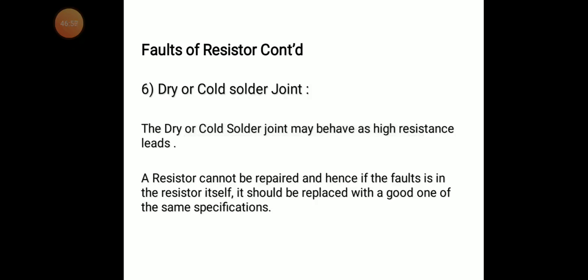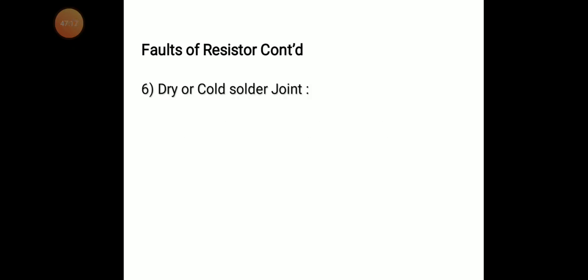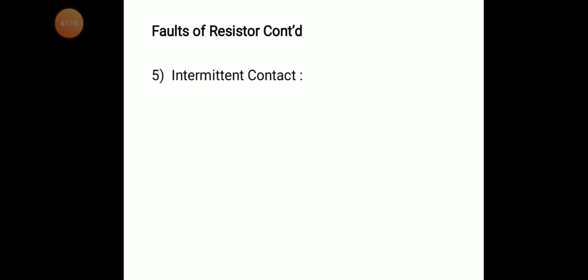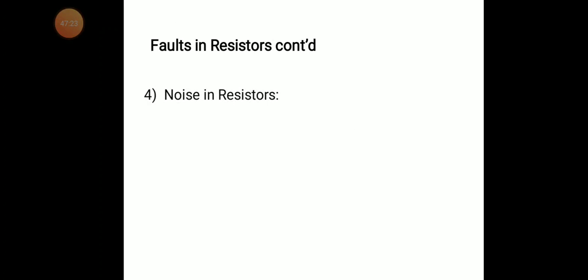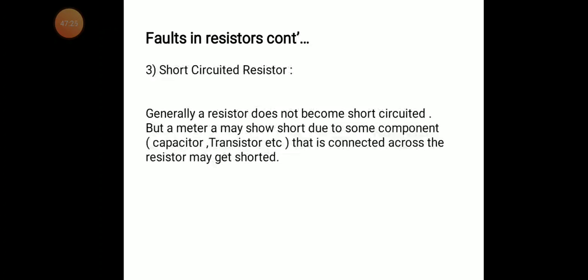We need to avoid these faults and make sure of the connections so we can get perfect connecting of the resistors. The dry or cold solder joint we need to take care of ourselves. Another one is intermittent contact and noise in the resistors, and short circuited resistors.